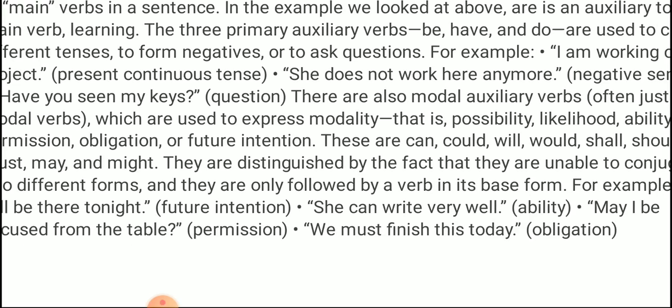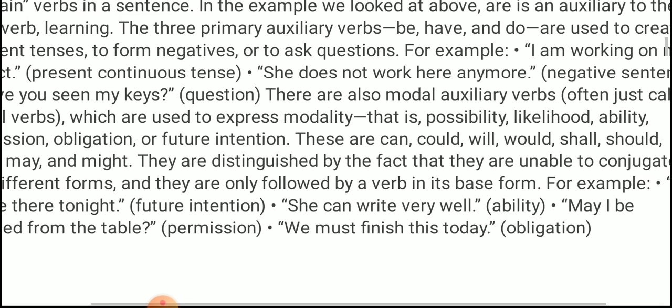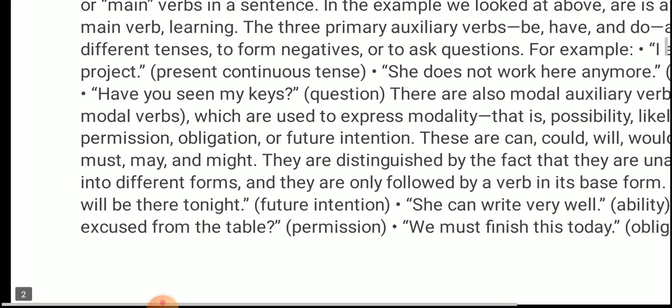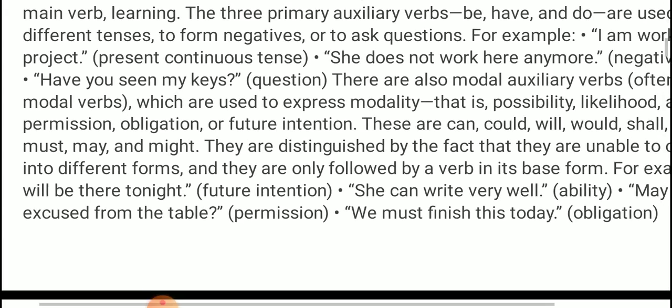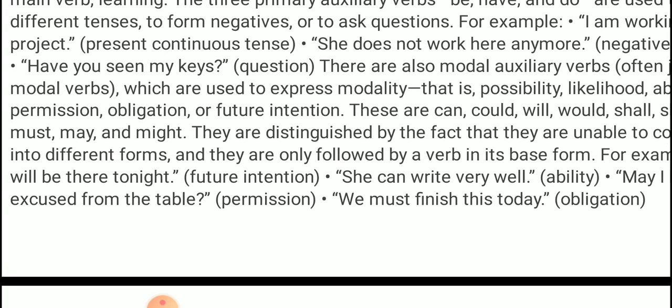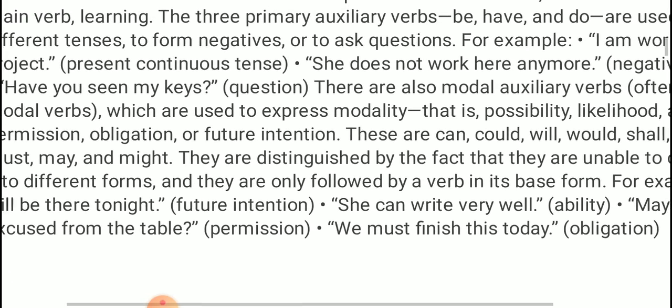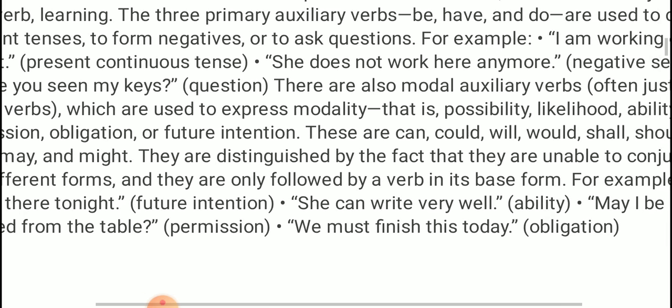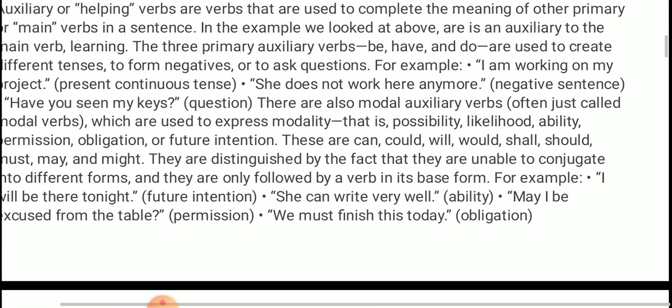These three helping verb forms, be, have, do, have three main functions. They are used with different tenses. They are used to form negative, or they are used in interrogative sentences, namely to ask questions.